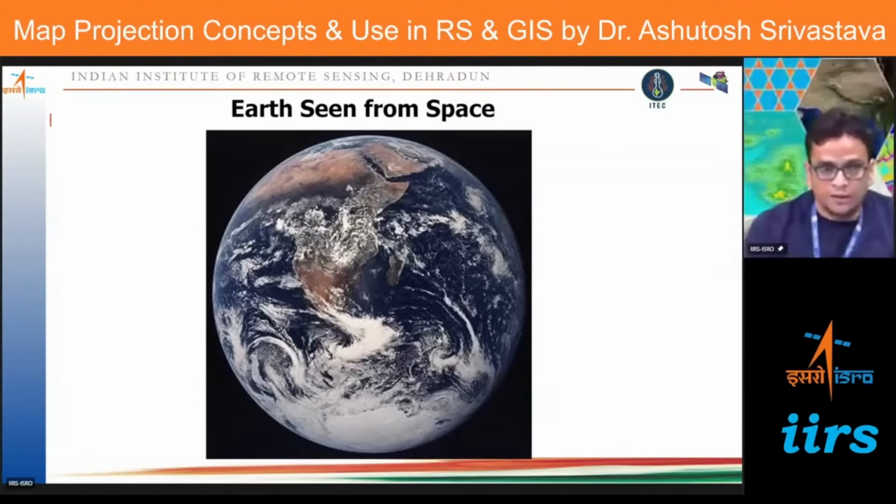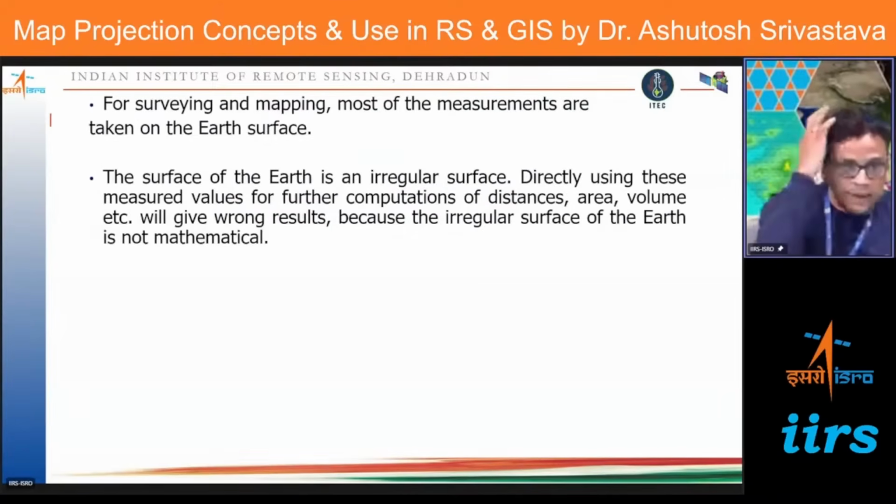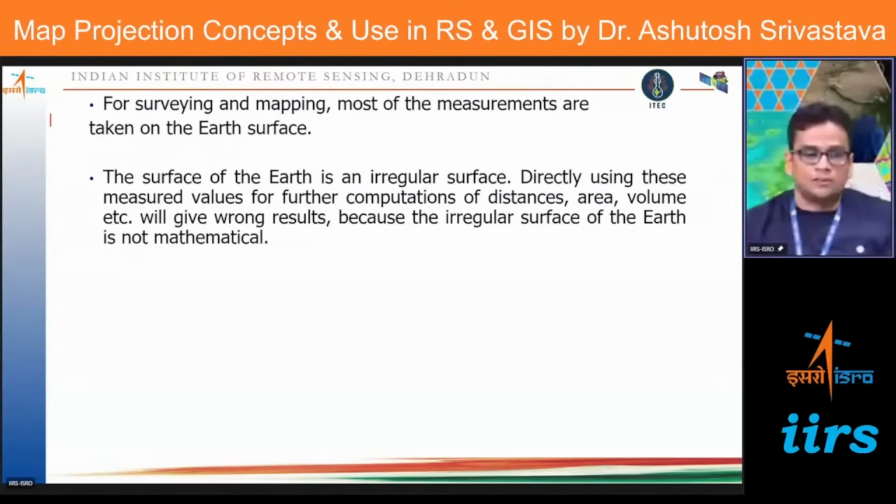For surveying and mapping, most of the measurements we take on the Earth's surface, and the surface of the Earth is irregular. Directly using these measured values for further computation of distances, area, and volume may not give correct results, because the irregular surface of the Earth is not mathematical.